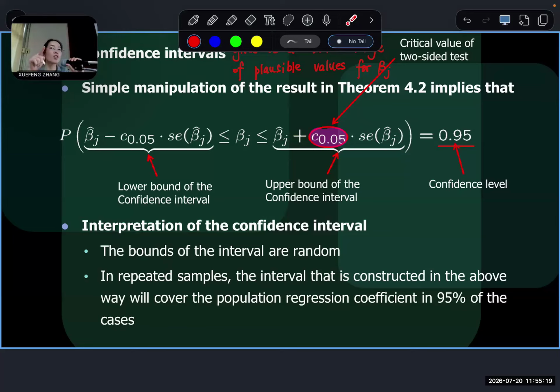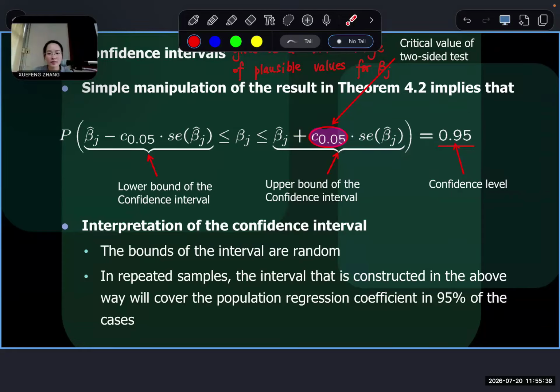So a different sample means you're going to get a different beta hat, and another different beta hat. Everyone has a different beta hat. So the confidence interval tells you the range of our estimated coefficient, okay?